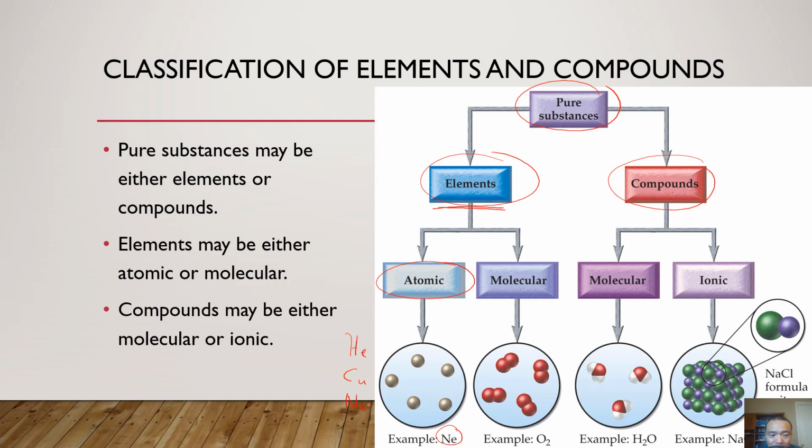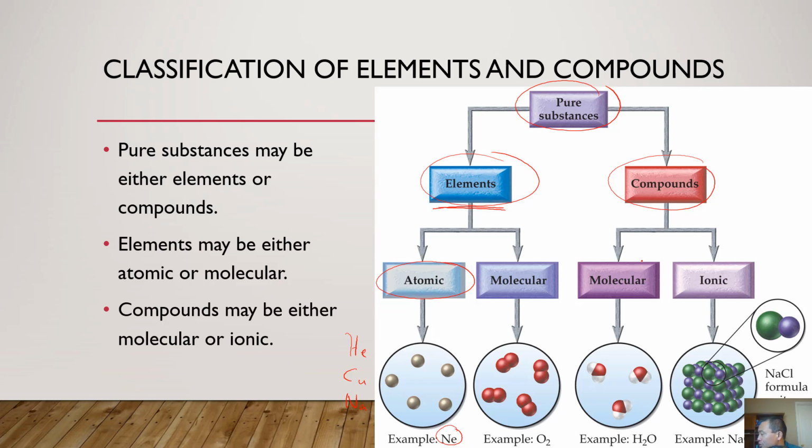We'll go into the details about how to know which element is atomic, which one is molecular, and which one is molecular and composed of two atoms. Then we will call that a diatomic molecule. What about triatomic or polyatomic? We'll go over that in the next slide.